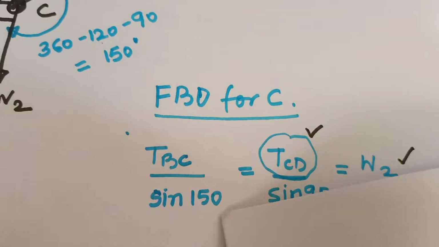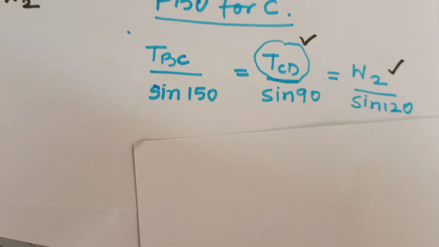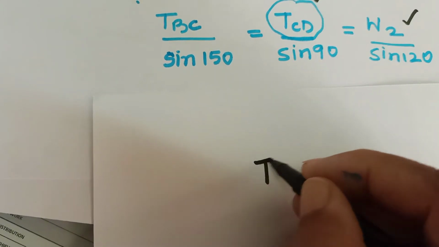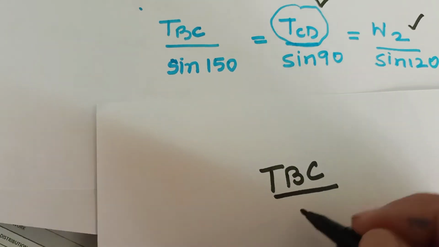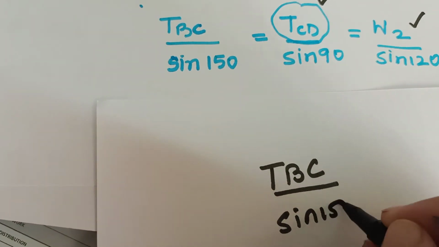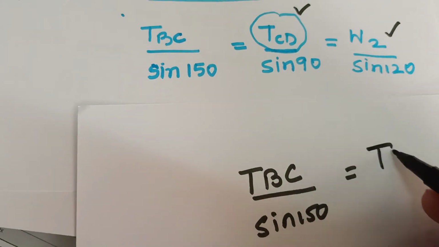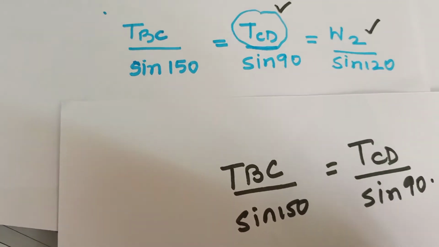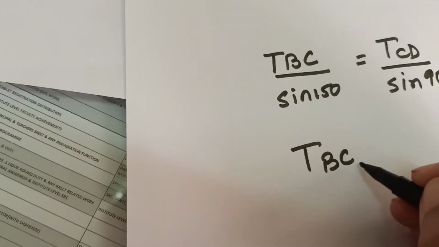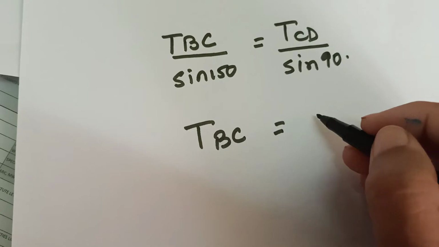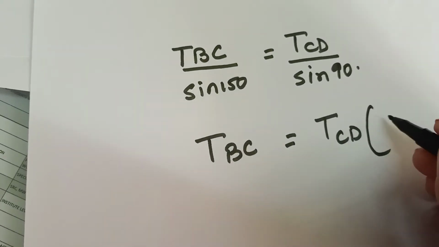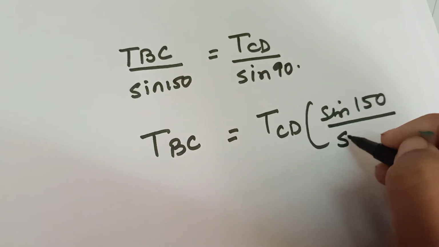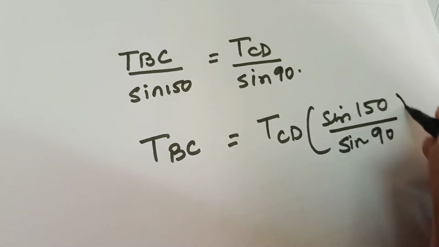So we can again apply our equation, taking two terms: TBC upon sine 150 is equal to TCD upon sine 90. So TBC is equal to TCD into sine 150 upon sine 90.